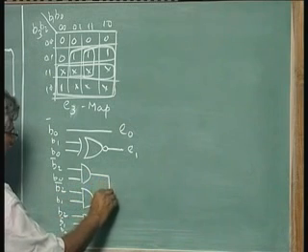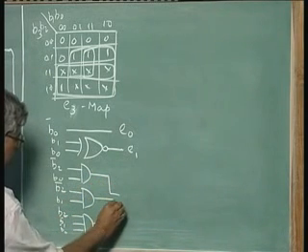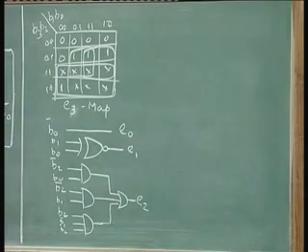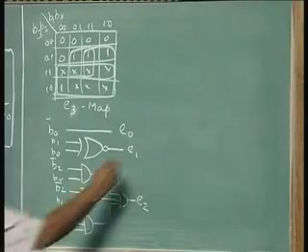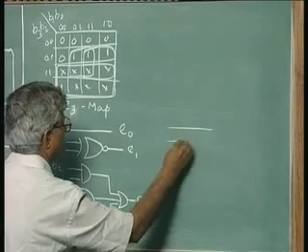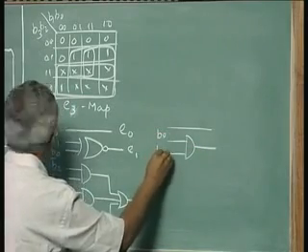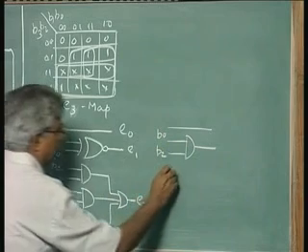All of them together will be put into an OR gate. This is my E2. E3 is finally B3, B2, B0, B2, B1.